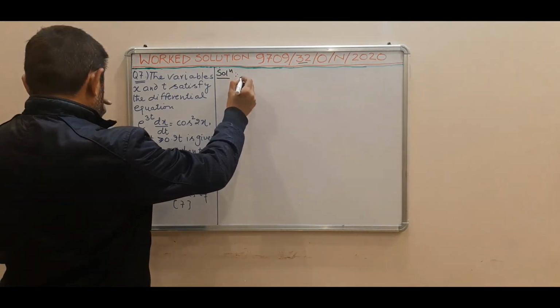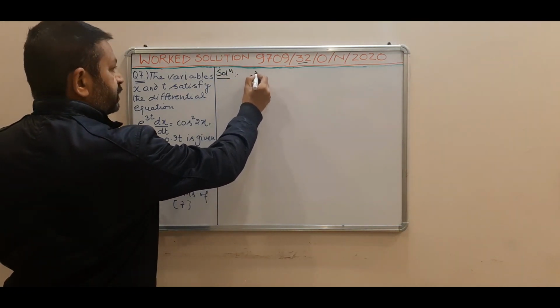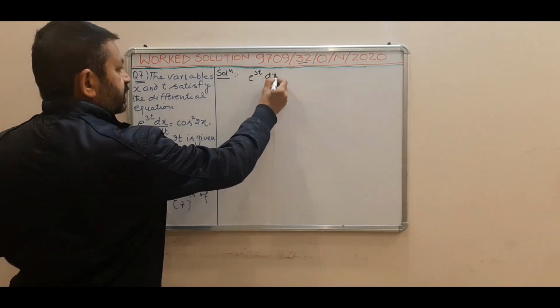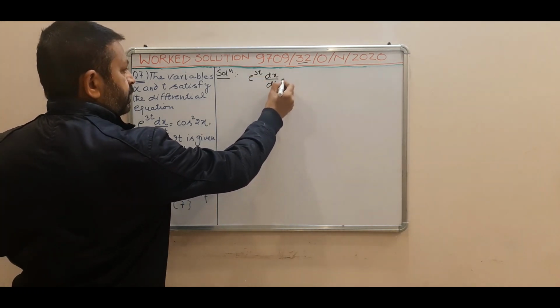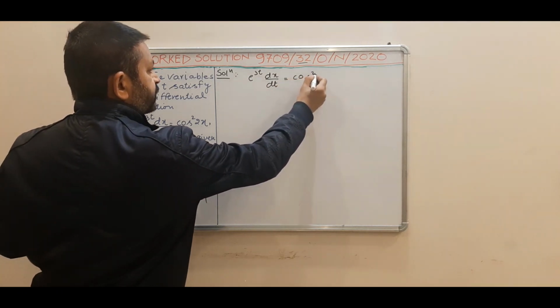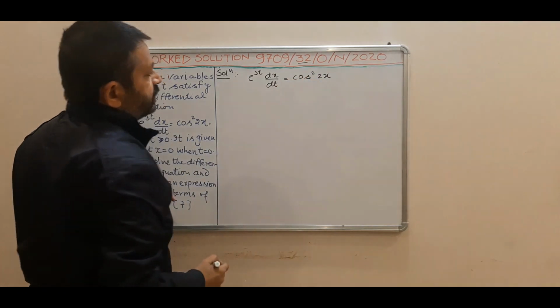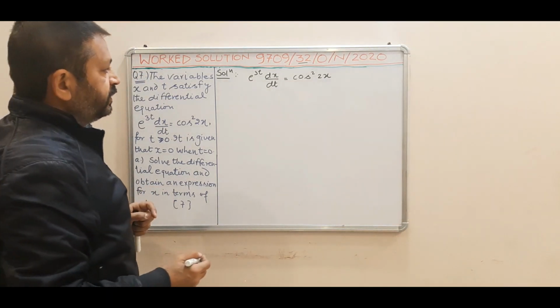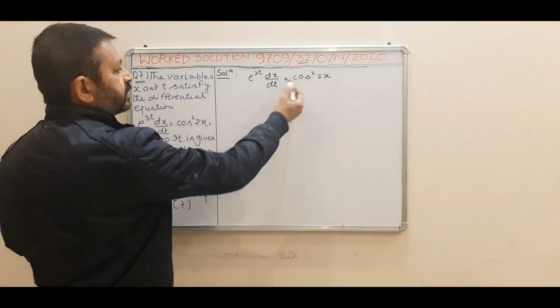So it is given that e raised to 3t dx upon dt is equal to cos square 2x. So it's a case of variable separable. First of all, we'll separate both the variables.